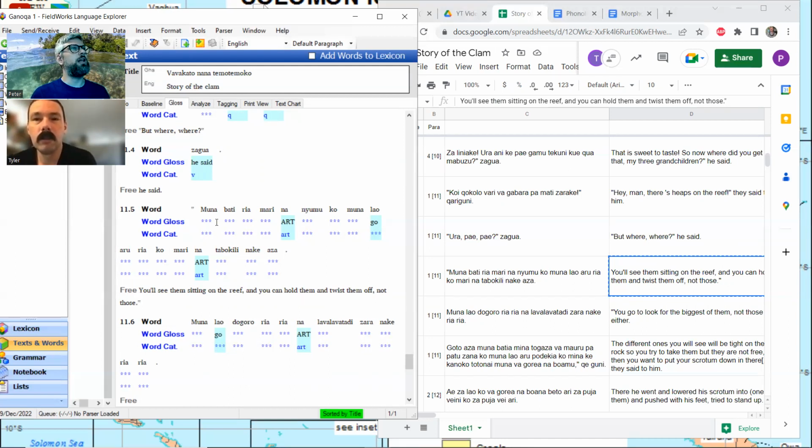Yeah, there's a lot of confusing things, I would say, probably not confusing to people who speak the language. I don't mean to say the language is confusing. To us outsiders who don't know what's going on, it's very interesting. I'm guessing bati. I said bachi before because of too much Portuguese. Bati means sea.